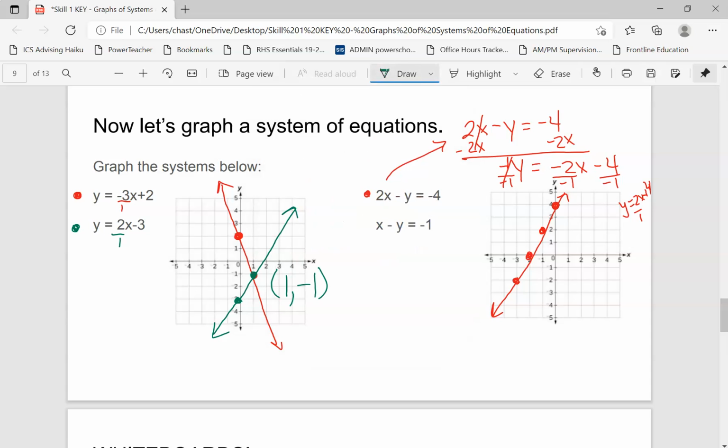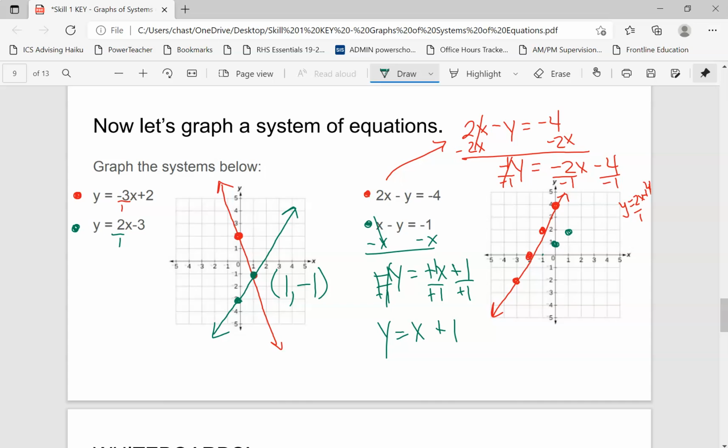All right, now for the next one, I'm going to do that in green. I'm going to subtract x on both sides, and I get -y equals -x minus 1. That's a -1 in front of the y, so we're going to divide everything by -1. y equals positive x plus 1. So I go up to plus 1, I rise 1, run 1.